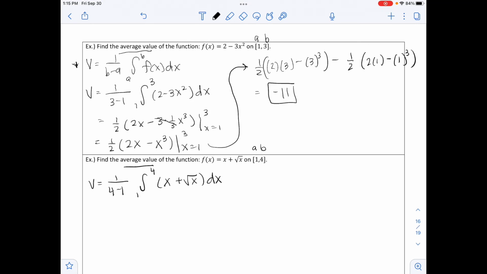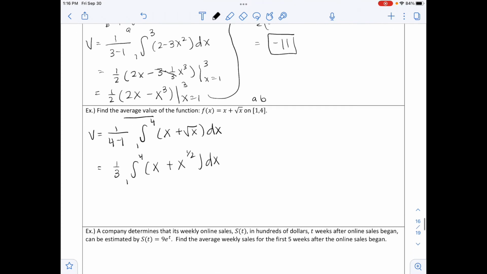From here, I'm going to simplify this a little bit and rewrite the square root as a power of 1/2. So we get 1/3 times the integral from 1 to 4 of x plus x to the 1/2. And so integrating this, we get 1/3 times 1/2 x squared plus, and then adding 1 to our exponent, we get x to the 3 over 2, and multiplying by that reciprocal of 2/3.